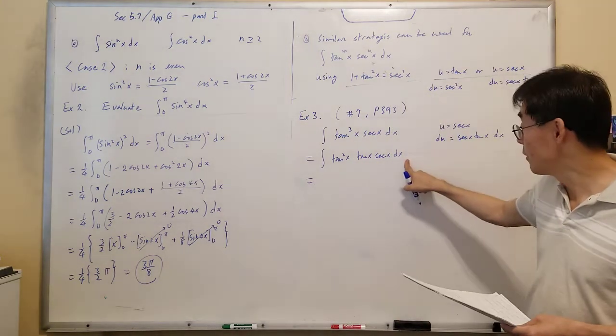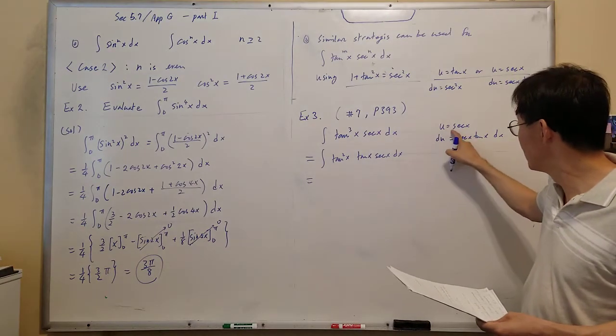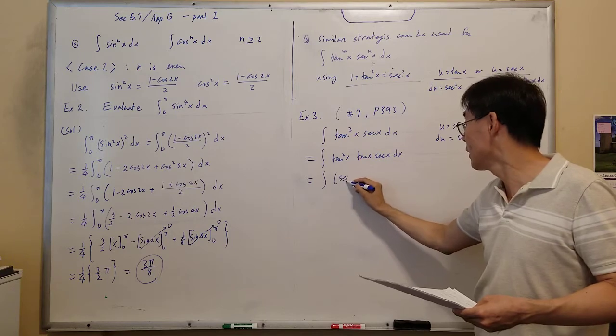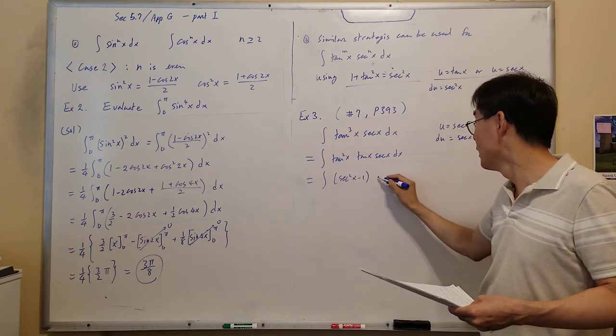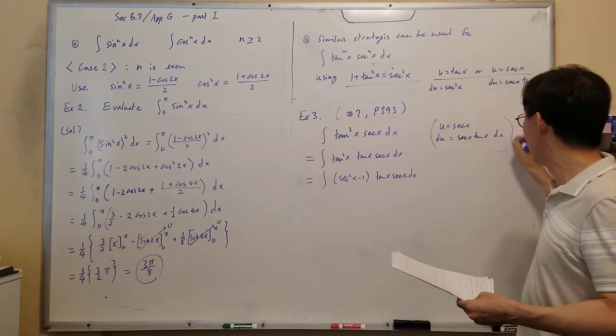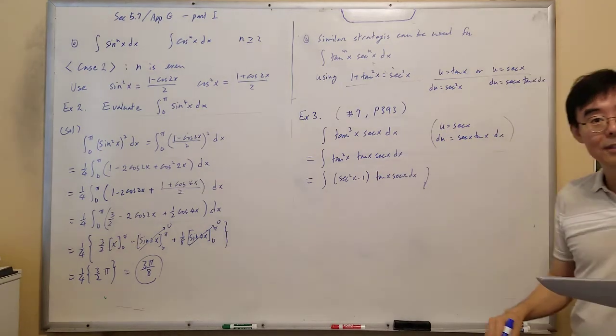This can be taken care of as du. So we want to write tangent squared x as secant squared of x minus 1, and tangent x secant x dx. And then use this substitution.